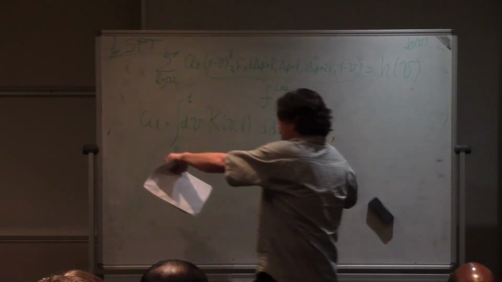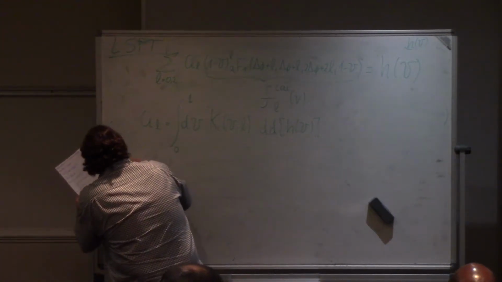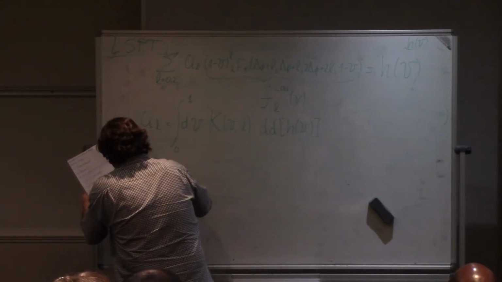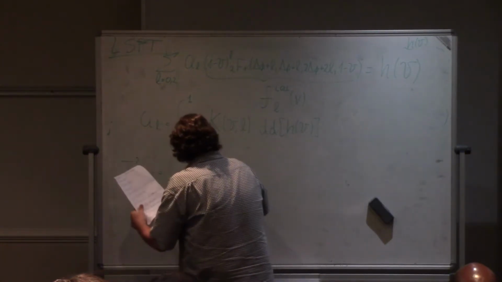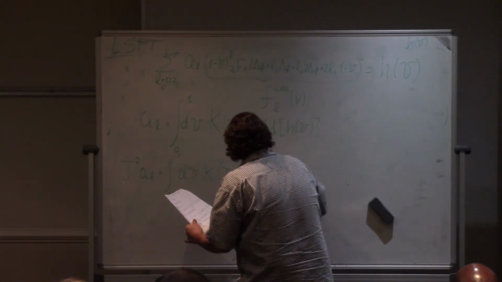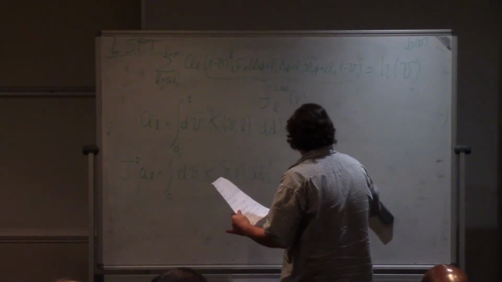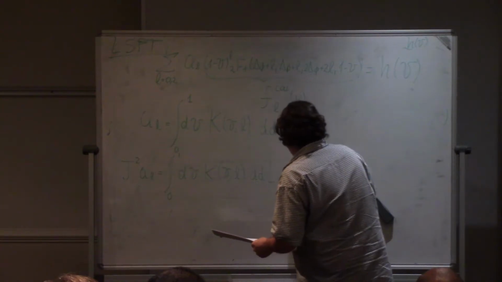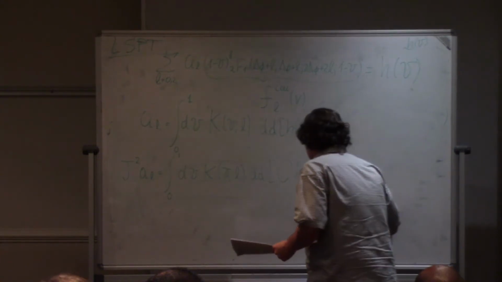Because if this equation is true, it should also be true that J squared A_L is equal to the integral between 0 and 1 dV of K B_L, double discontinuity acting on the Casimir, acting on this H of V. And just playing a little bit around with these things, it is not hard to see that this Casimir, you can take it outside the double discontinuity.